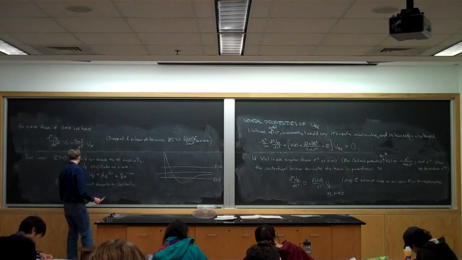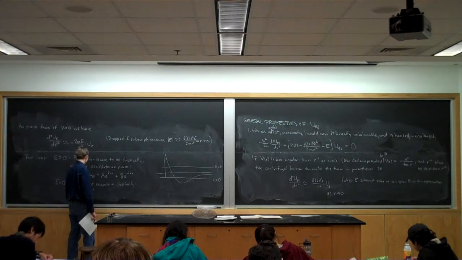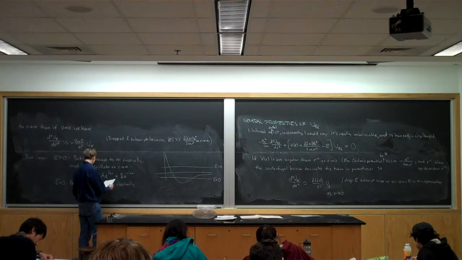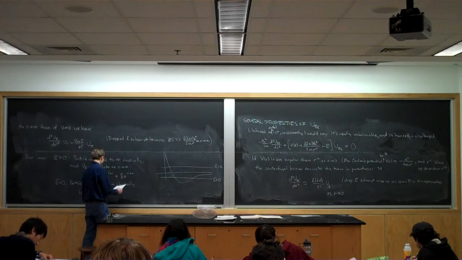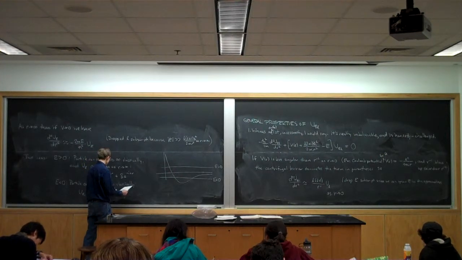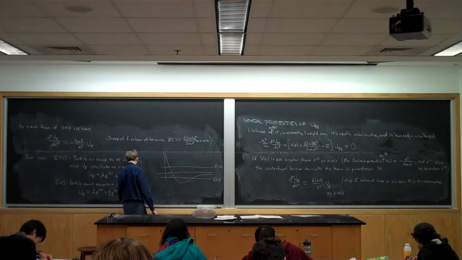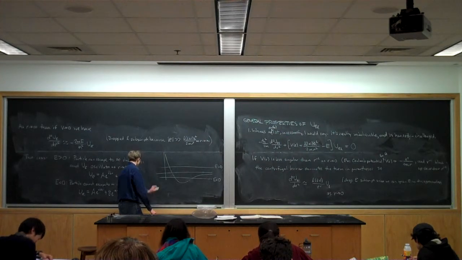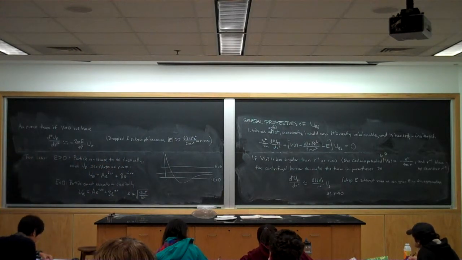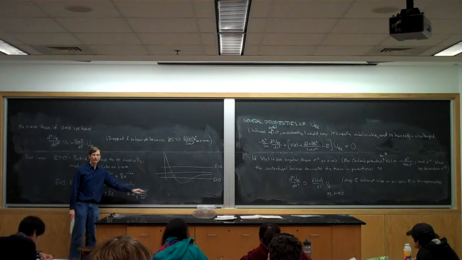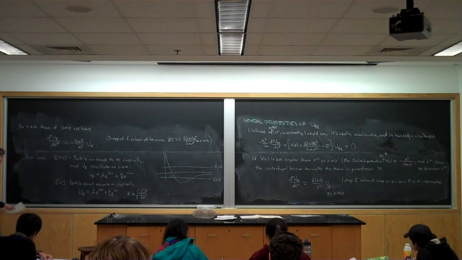And so U_E is going to look like A e to the minus kappa r plus B e to the plus kappa r, where kappa by definition is the square root of minus 2mE over h bar squared, which is real because E is negative, and so minus 2mE is positive, so that's a real number.